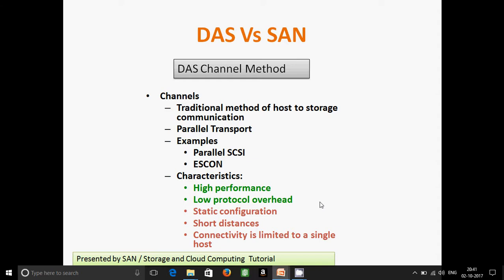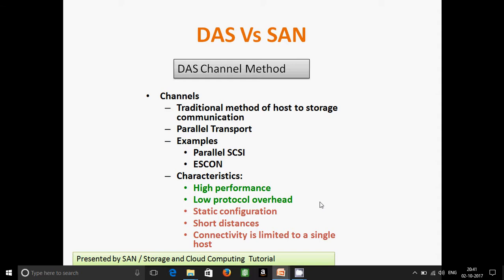This is our older technology, which you may not see nowadays, because SAN is now broader and used in most environments, and enterprise companies will be using only SAN technologies. So in DAS, it uses the channel, the traditional method of host to storage communication.